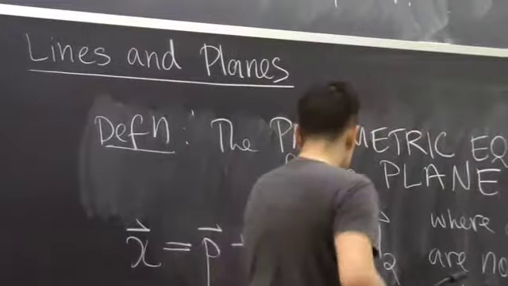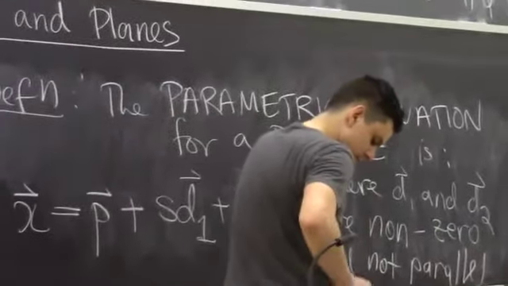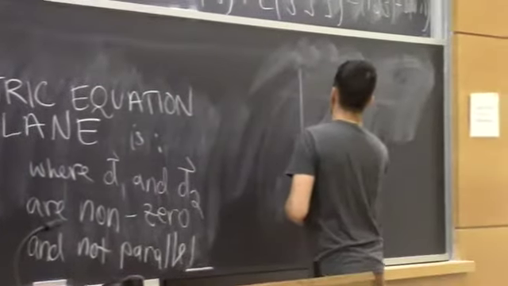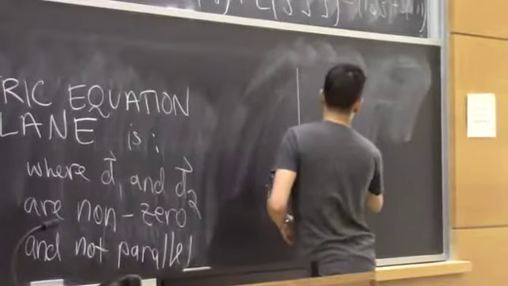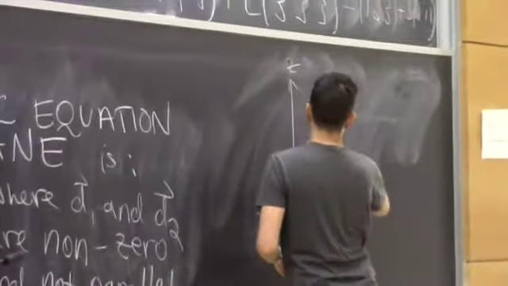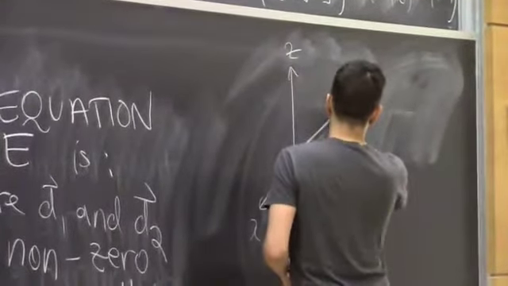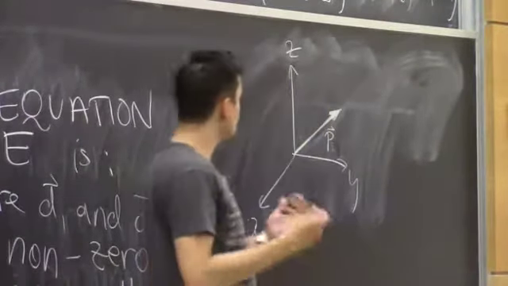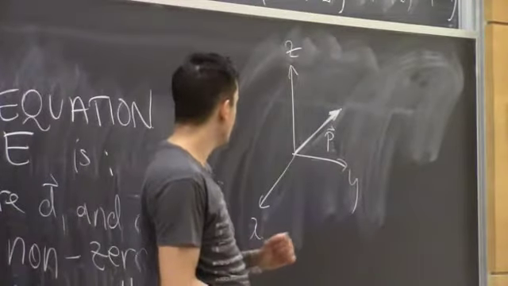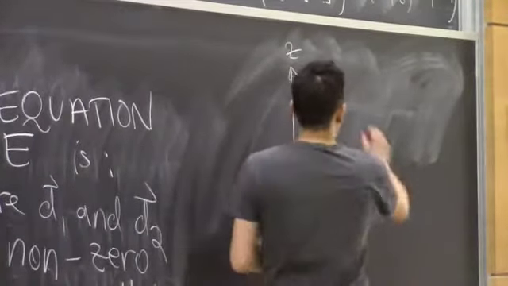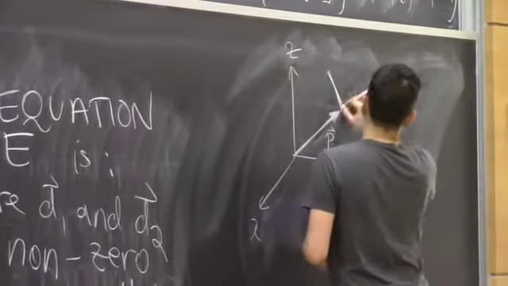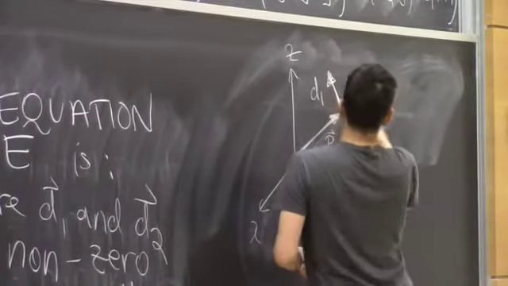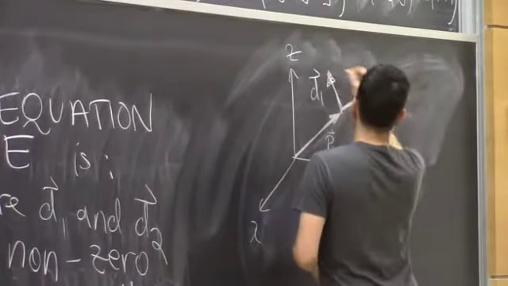OK, so what does that look like? So far very similar picture to a line. We go to our initial point P, and then we go in the directions D1 and D2.